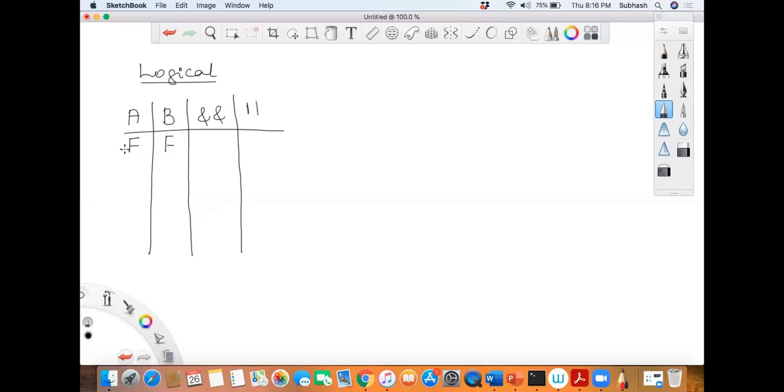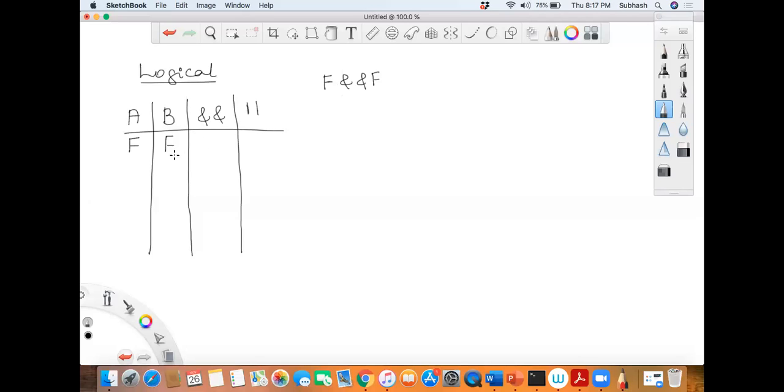So here 0 and 0 will not work. It should always be a Boolean expression only on the left hand side and the right hand side of the and operator, or on the left hand side and the right hand side of the or operator. It should always be false and false only. It is like this: false and with false.